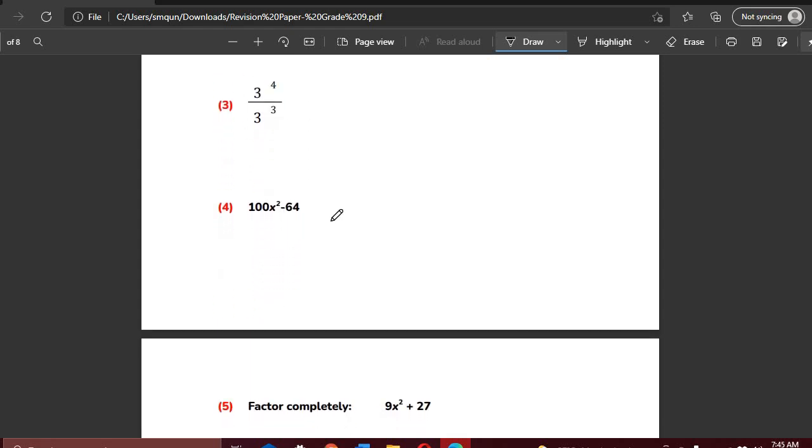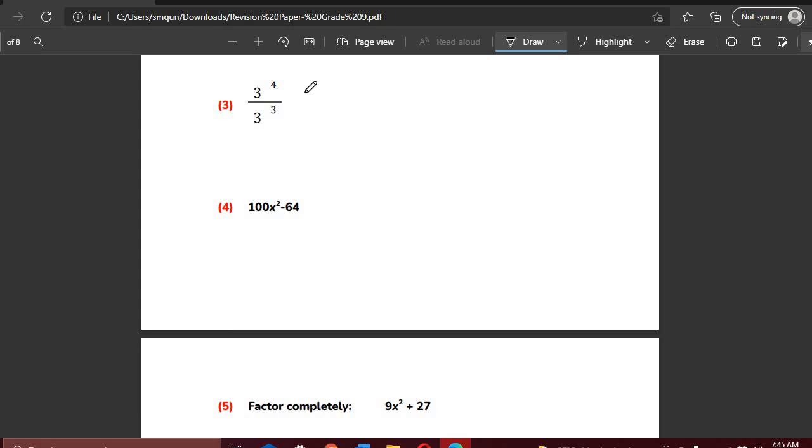Okay, number 3, we have powers or exponents to deal with. Now, there are laws that make it easier for us to simplify when we're working with numbers that have indices or powers or exponents. So we can use, I think it was, 7 laws.